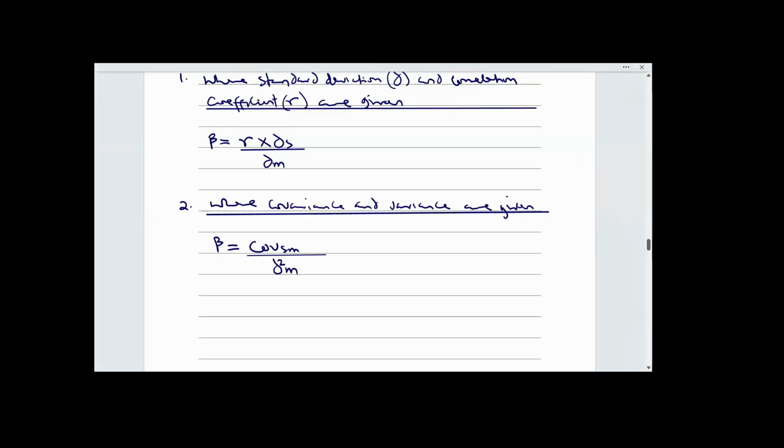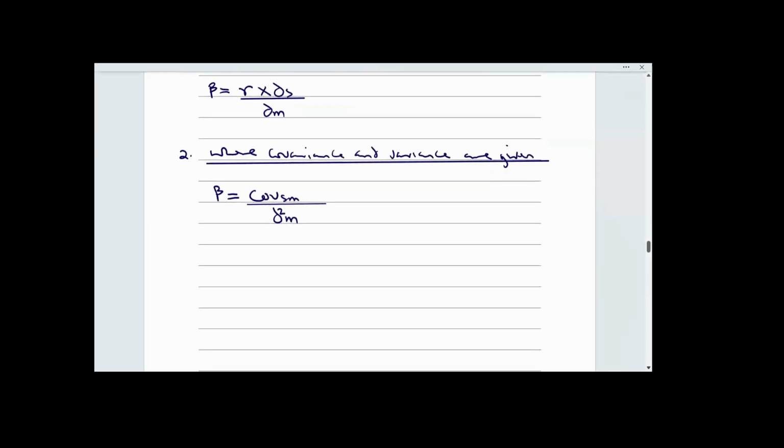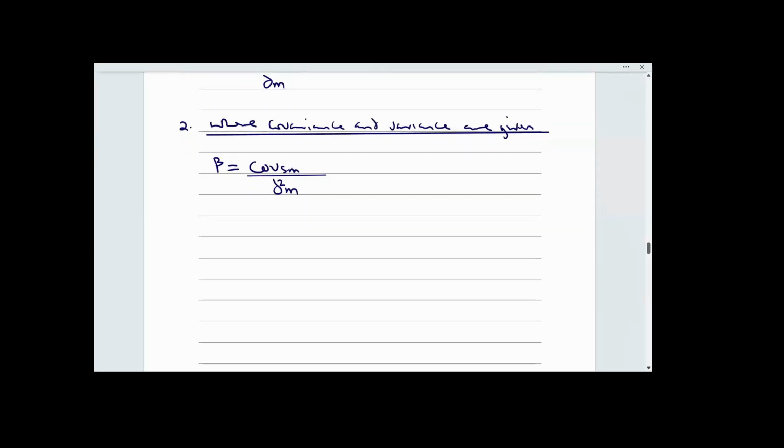So the third most tested or used formula is where you are given share price, number of shares, market price per share, beta value of individual security is given.